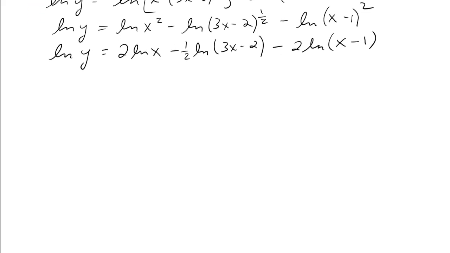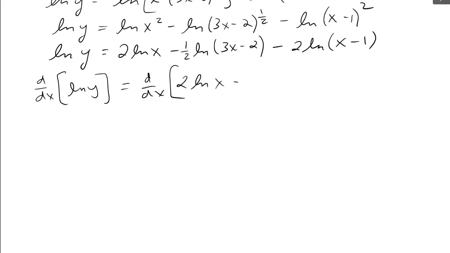Now I'm going to take the derivative of both sides, because this is now an implicit differentiation. So when I do the derivative on the left-hand side, that's the derivative of ln y.